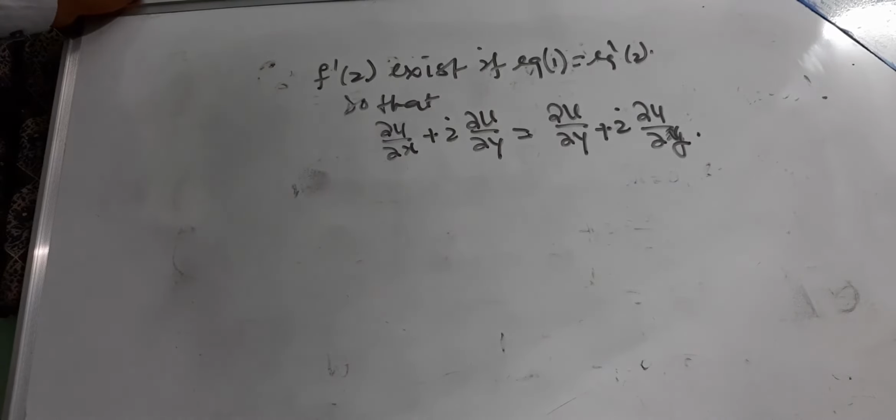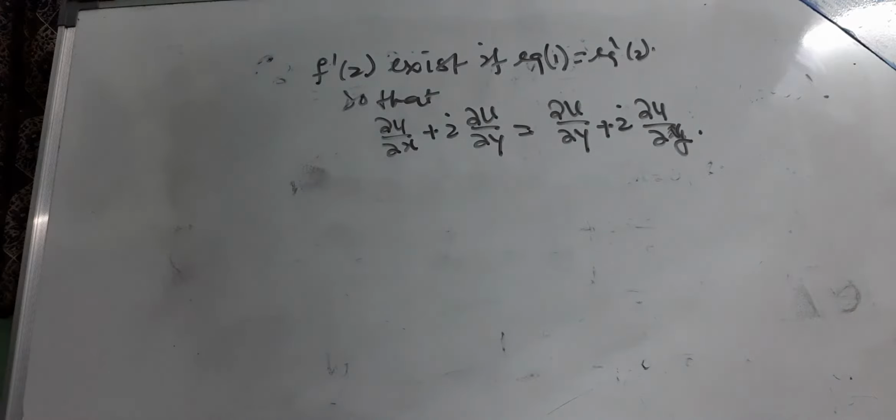So what we get: del u by del x plus i del v by del x is equal to del v by del y minus i del u by del y. This gives del u by del x equal to del v by del y, and del v by del x equal to minus del u by del y.